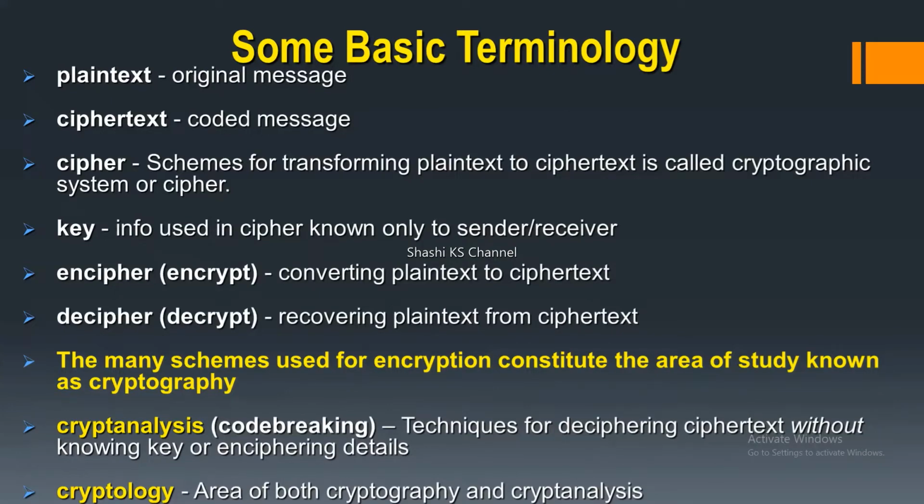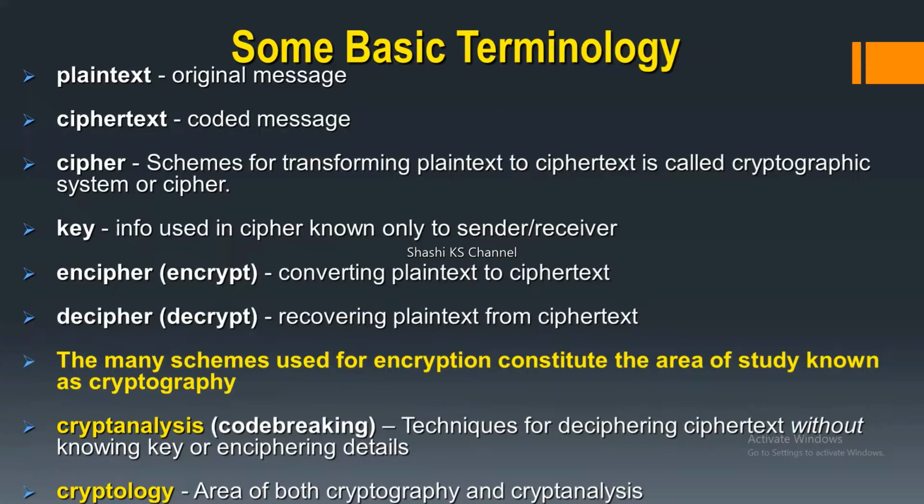Ciphertext is the scrambled message which we get by converting the plain text. Third is cipher. Cipher is the encryption scheme which we use for transforming the plain text to ciphertext. Fourth is key. Key is secret information known only to the sender and the receiver.